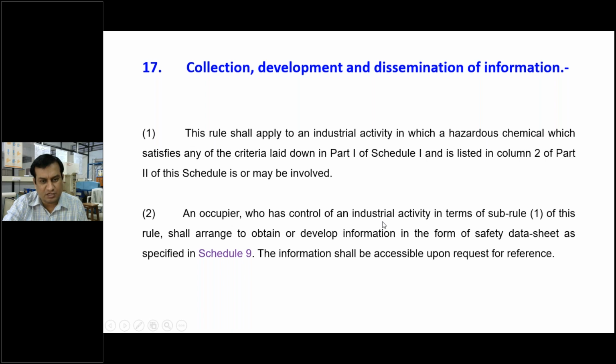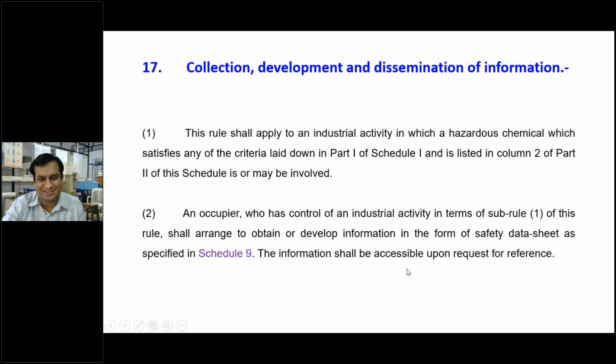An occupier who has control of an industrial activity in terms of sub-rule 1 of this rule shall arrange to obtain or develop information in the form of safety data sheet as specified in schedule 9. So in this schedule 9, all the parameters involved in this safety data sheet are mentioned.